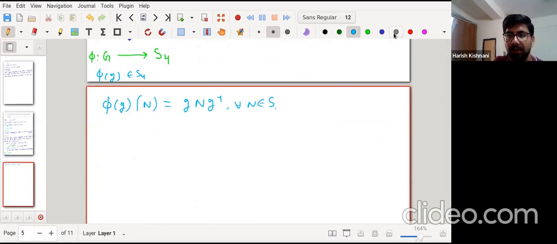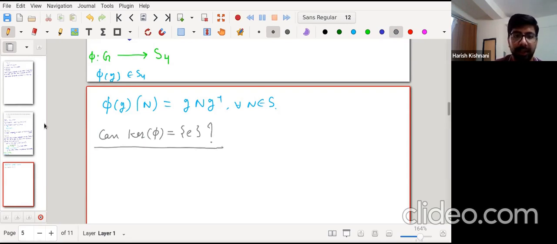So just be more focused. Can the kernel of phi be just identity? Can we have this kernel to be identity? Can this map be injective?